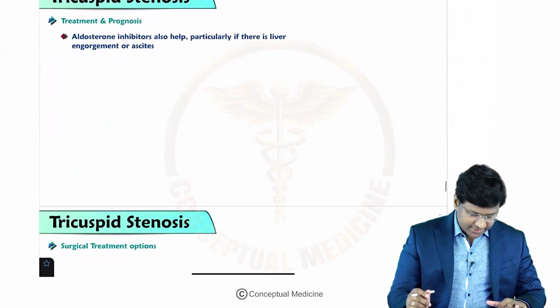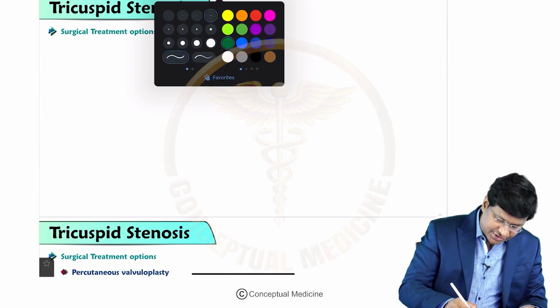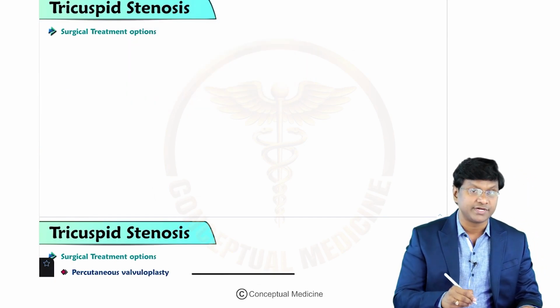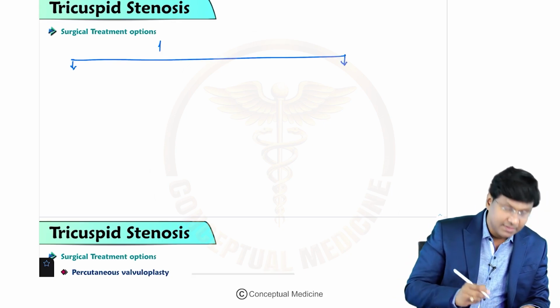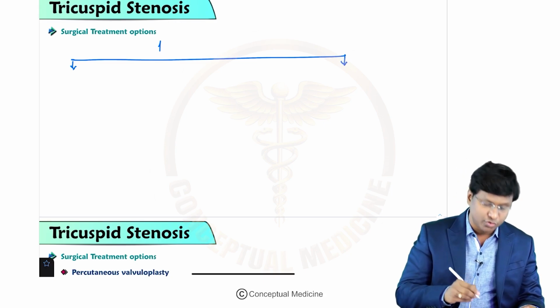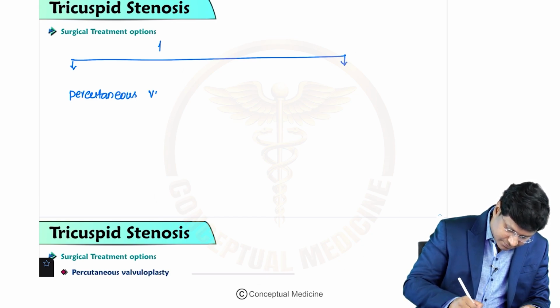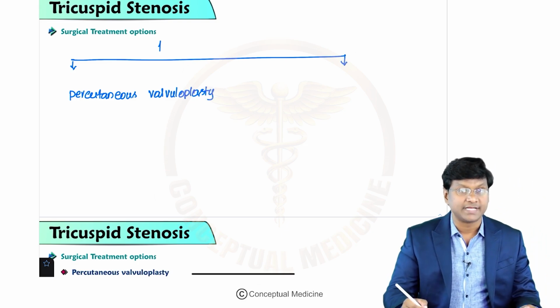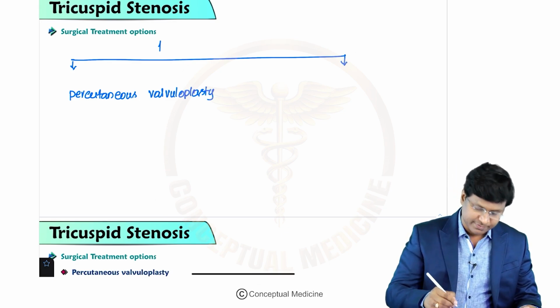Then what will be the surgical treatment options? The surgical treatment options in patients with tricuspid stenosis include number 1, percutaneous valvuloplasty, and another important surgical treatment option is tricuspid valve replacement.